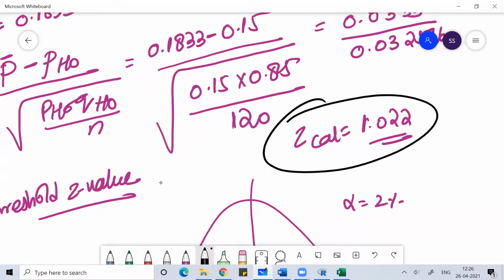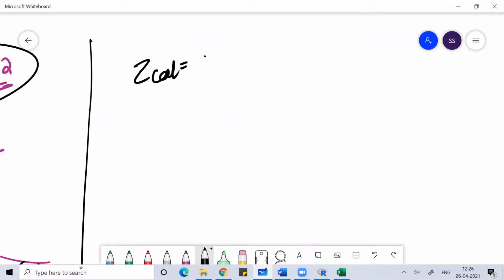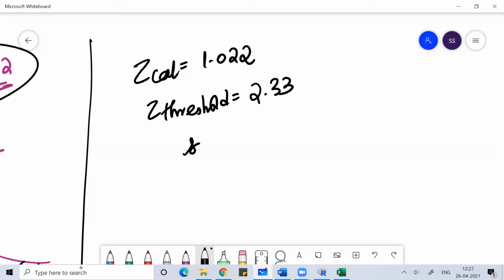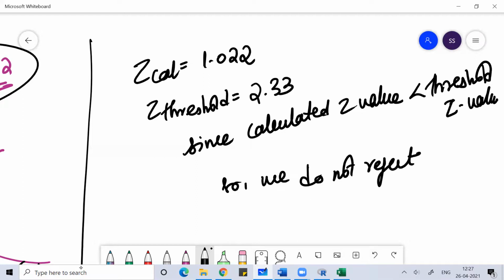Since the calculated z value is less than the threshold z value, we do not reject the null hypothesis.